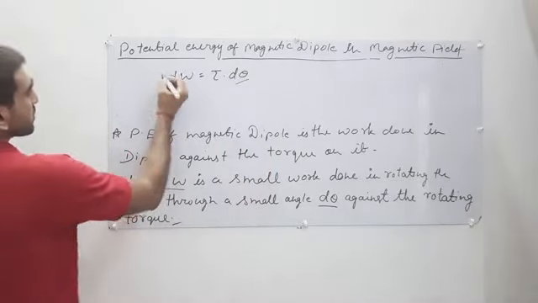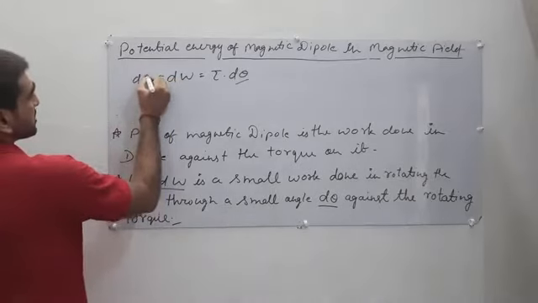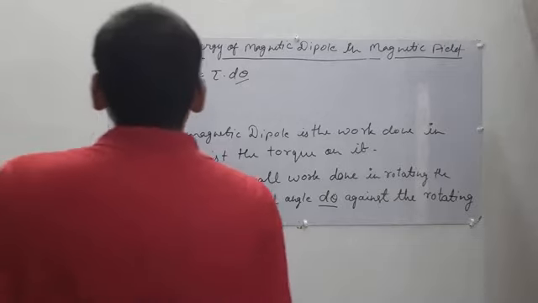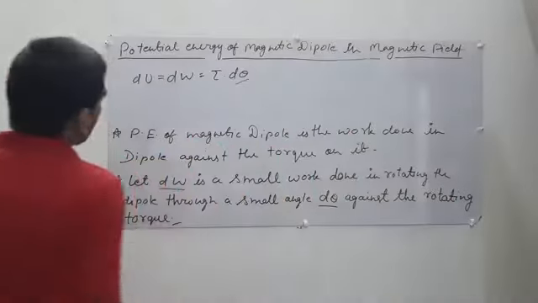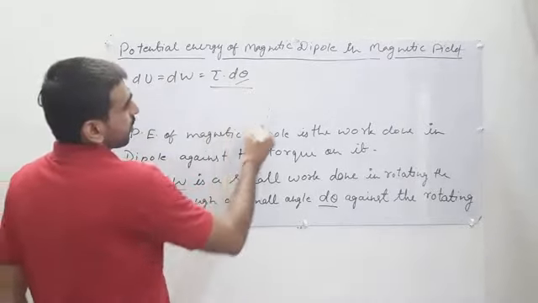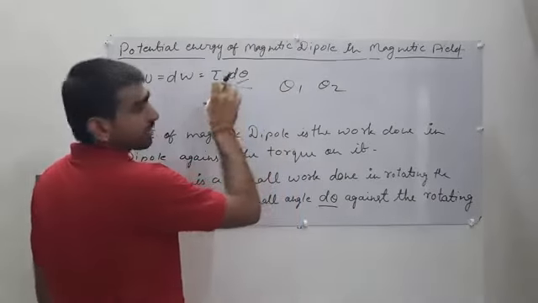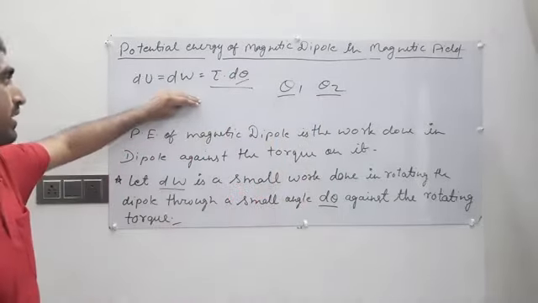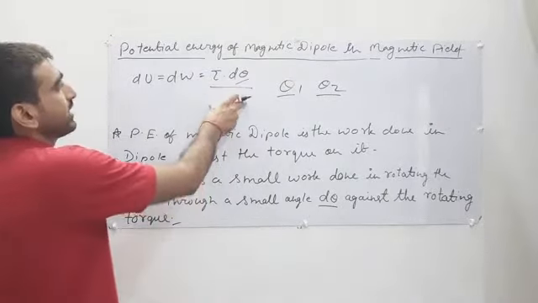We can also say that this is our small potential energy, that means dU, or delta U. That means this is small work done, and if we talk about total work done on that dipole, then we have to integrate this value from theta 1 to theta 2. We assume we rotate our dipole from theta 1 to theta 2, then we can calculate the total work done by integrating this term.